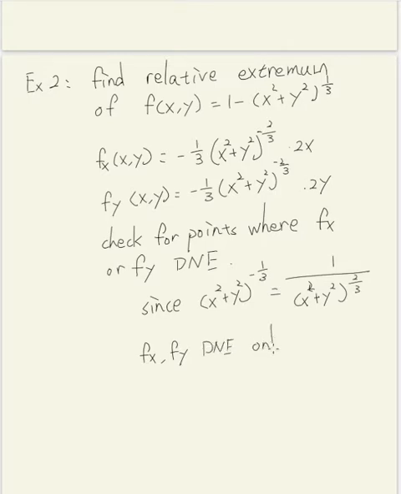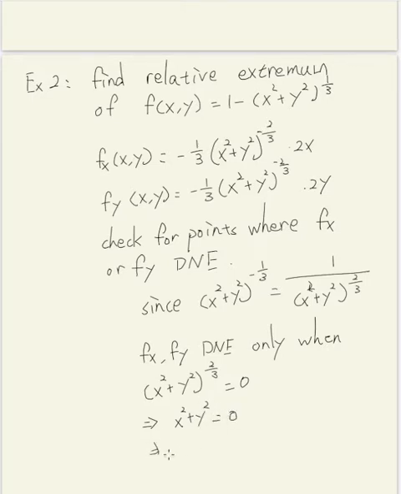only when (x squared plus y squared) to the 2/3 equals 0. That's the only restriction because it's a fraction, and the fraction doesn't exist when the denominator is 0. Now, (x squared plus y squared) to the 2/3 equals 0. That means x squared plus y squared equals 0.